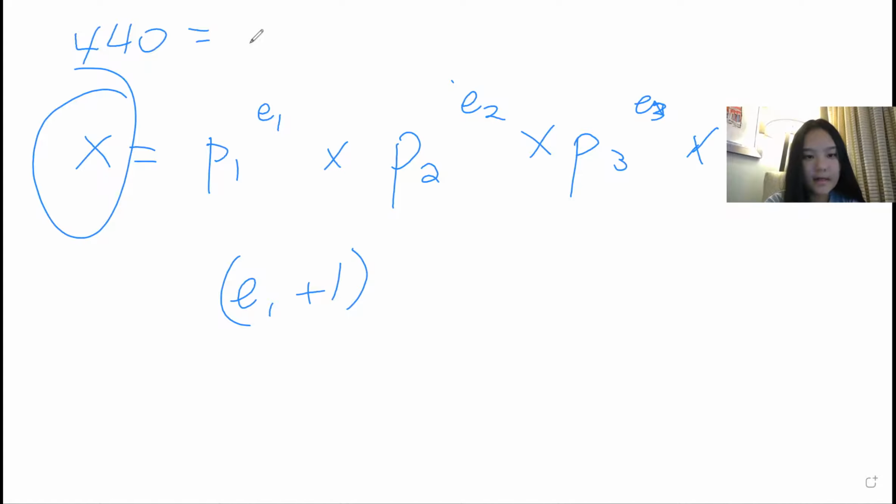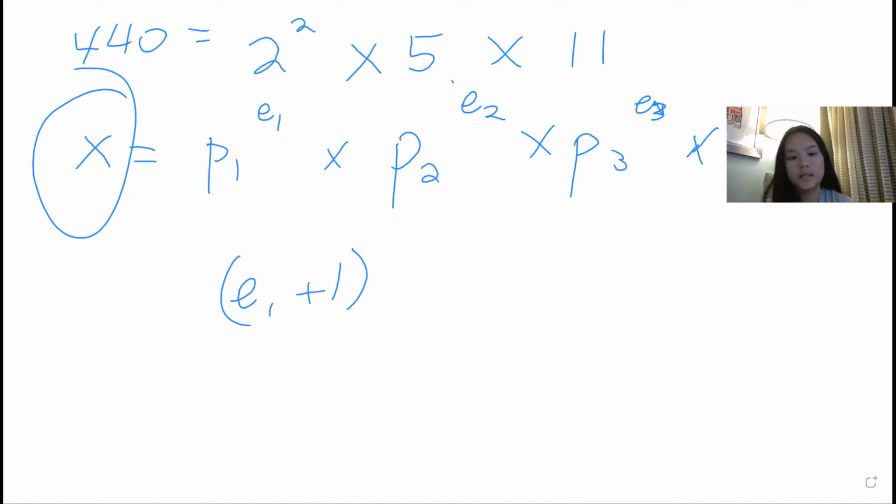That's a good number. So that's 2 to the second times 5 times 11. So you can see P1 here is 2, E1 here is 2, P2 here is 5, E2 here is 1. If I don't write an exponent, just assume that it's a 1.